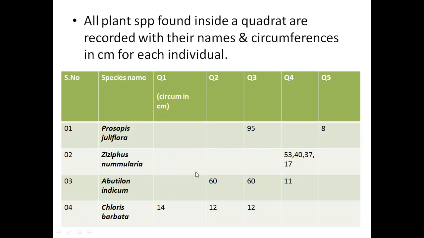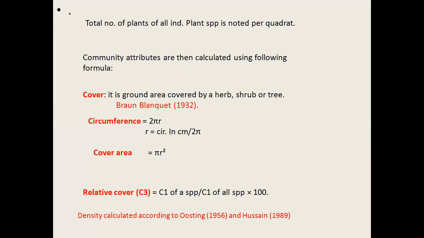You have to record in which quadrats they are present and what is their circumference. After putting these in the table, you can go for the calculation of the community attributes from the following formulas, starting with cover. Cover is the ground area covered by a herb, shrub, or tree.